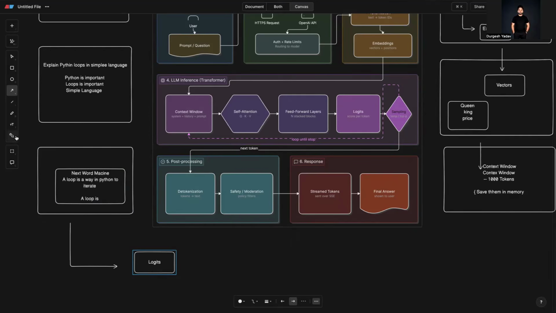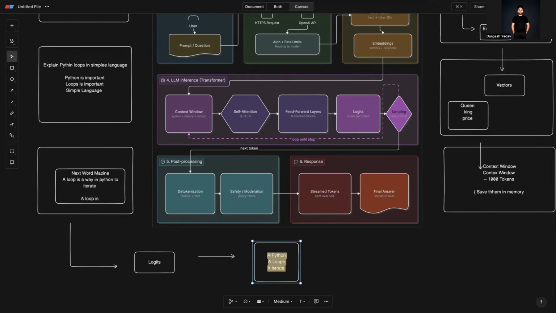Logits are basically scores. So let's say ChatGPT has scored, along with "A", Python, or along with "A", loops, or along with "A", let's say, iterate. If it has generated or predicted these three words for completing the sentence, then the logits will give each of these generations a score.